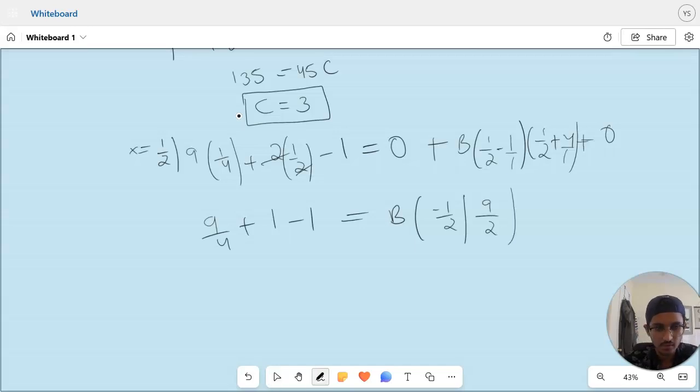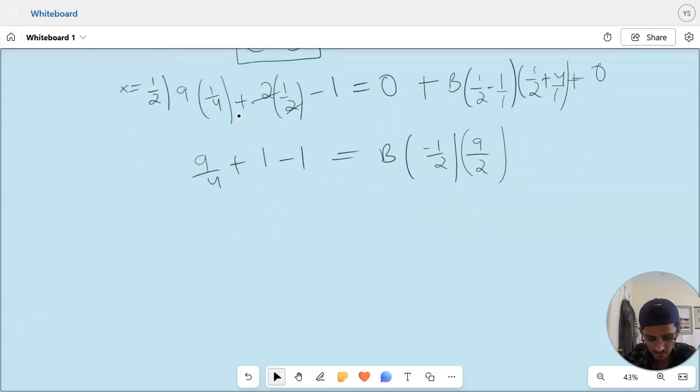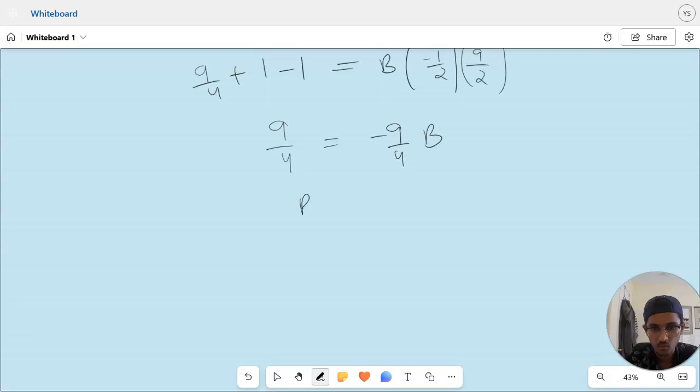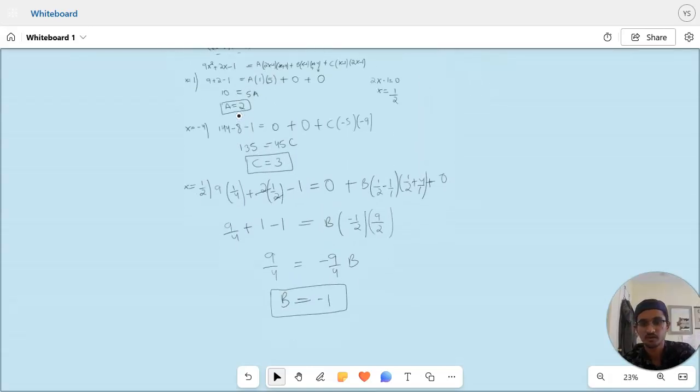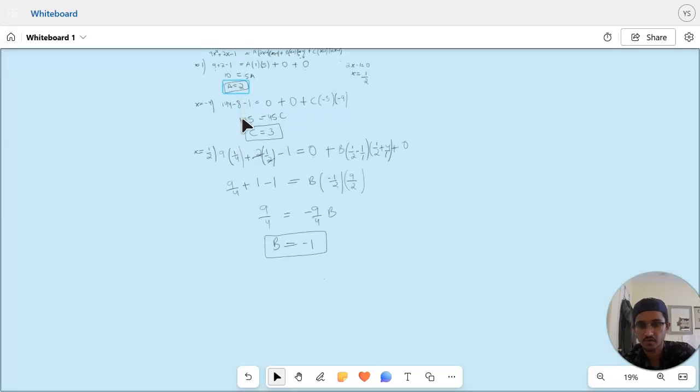Therefore 9/4 equals negative 9/4 times B. B is therefore going to equal negative 1. Phew, it's a lot of work, but we found our values. That's a big part.